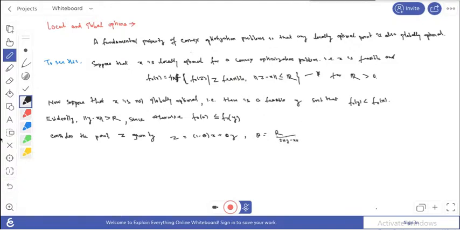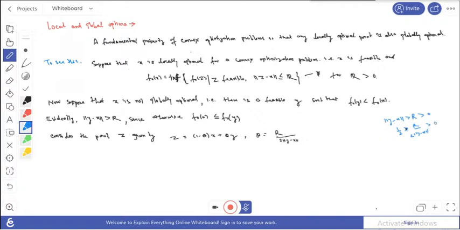Here you know that the norm of y minus x is greater than r, and r is of course greater than 0. Dividing by the norm of y minus x, you can write 1 by 2 is greater than r over the norm of y minus x times 2.